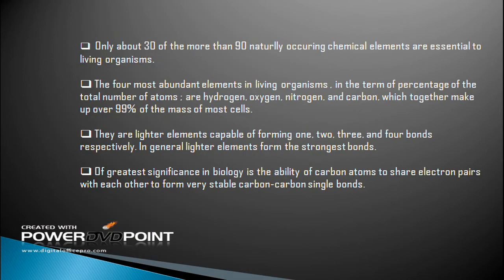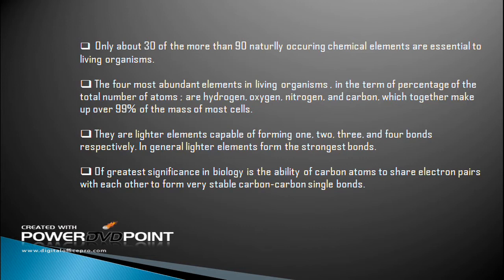If we talk about constituents, then only about 30 of the more than 90 naturally occurring chemical elements are essential to living organisms. The four most abundant elements in living organisms in terms of percentage of the total number of atoms are hydrogen, oxygen, nitrogen and carbon, which together make up over 99% of the mass of most cells.